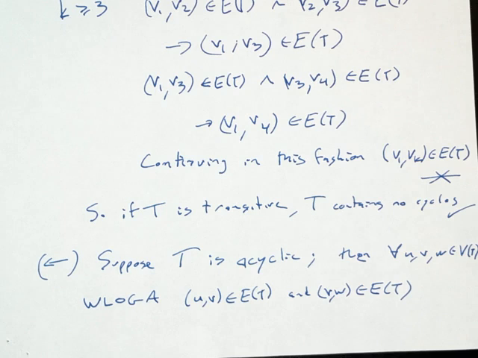It can't be W to U, because that would make a cycle. Which means it's got to be UW. Isn't that the definition of transitive? Yay!